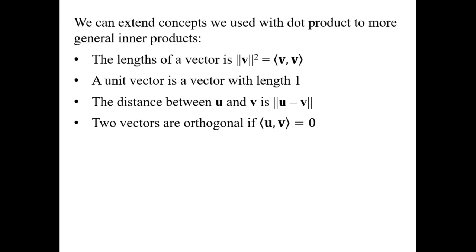The idea of orthogonal doesn't necessarily mean that they cross at right angles. Think about that last example with the inner product that was the integral. You could find two functions whose inner product was 0. But then what does it mean for two functions to be perpendicular? Just graphically, that doesn't really make sense.